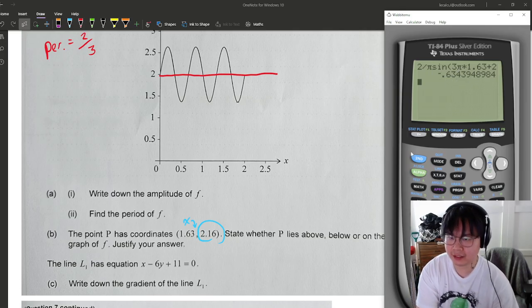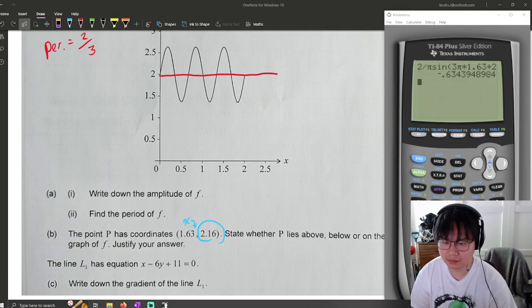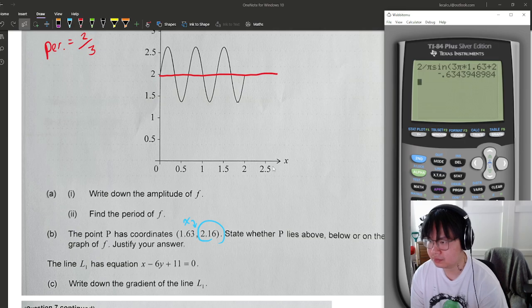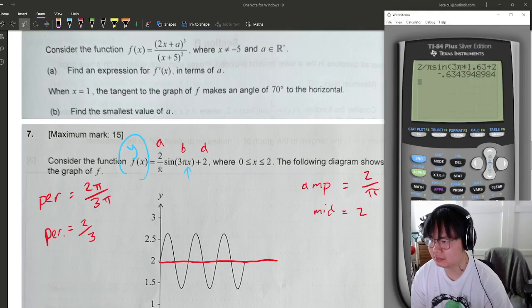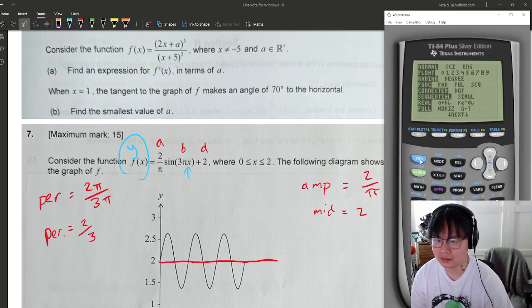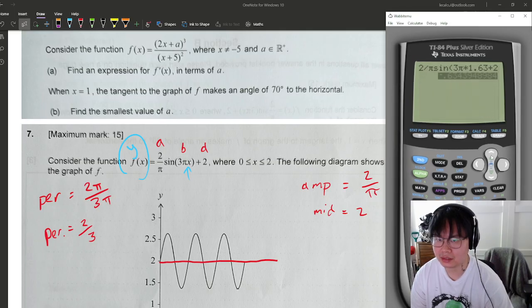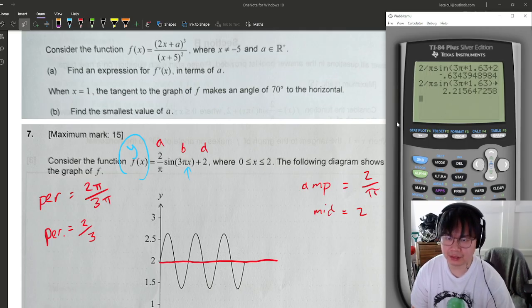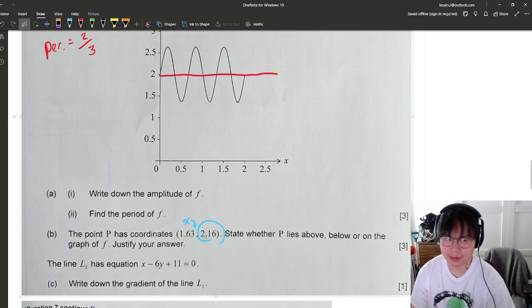So you can see our y value right here is negative 0.63. Did I do this right? Am I in radians? Oh shoot. Okay, 2.2, right? And then this is 2.16, so point P is below.